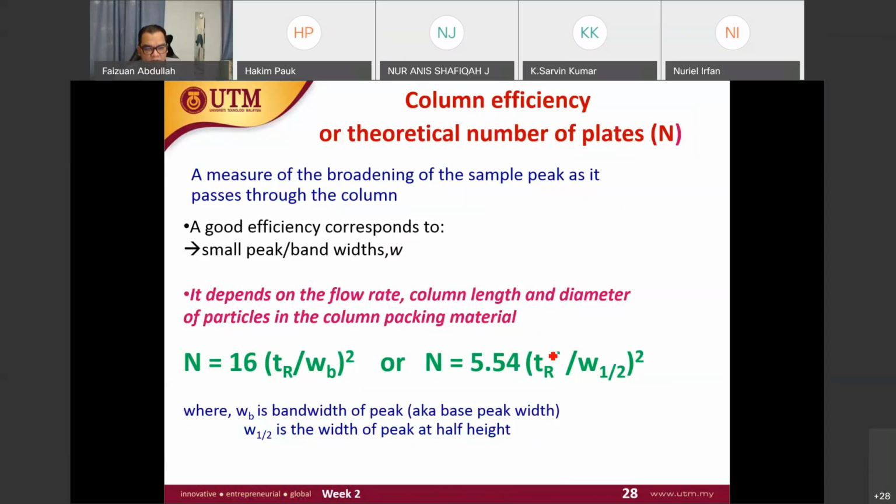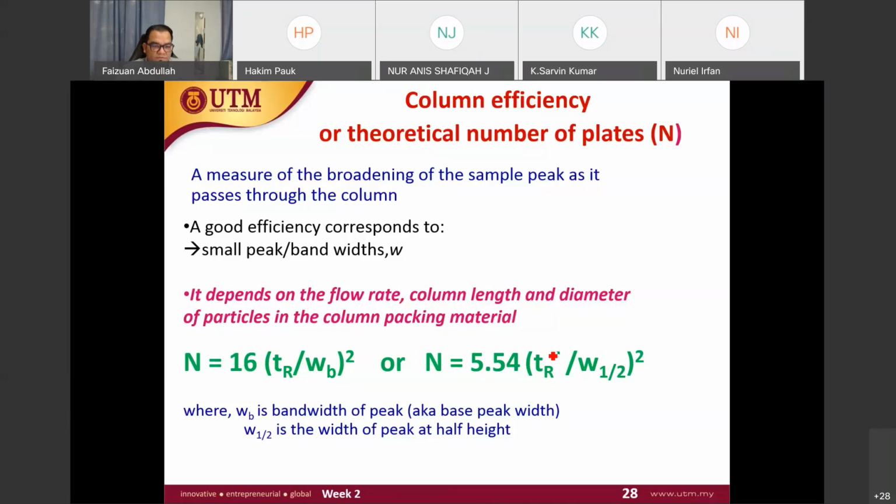N equals 16 (t_R divided by W_B) to the power of 2, or N equals 5.54 (t_R divided by W half) to the power of 2, where W_B is the bandwidth of the peak, also known as base peak width, and W half is the width of the peak at half height.